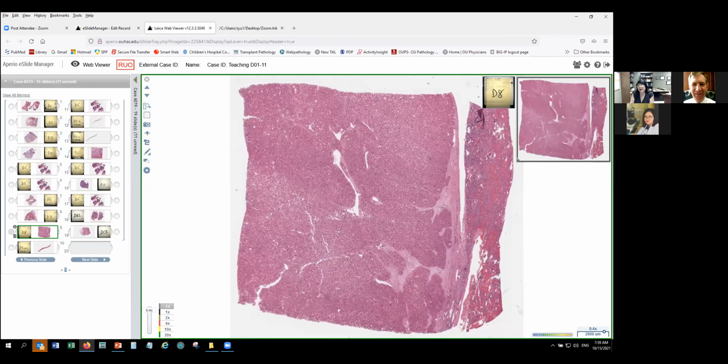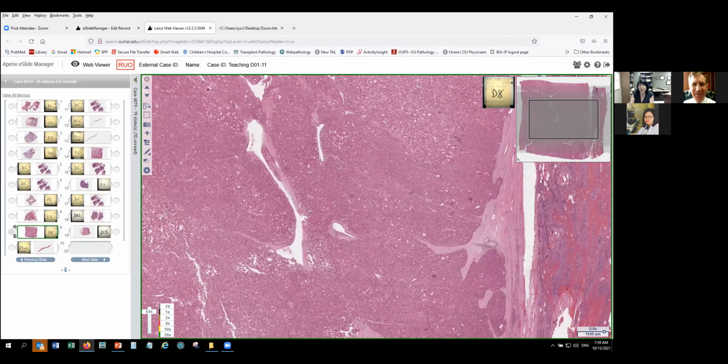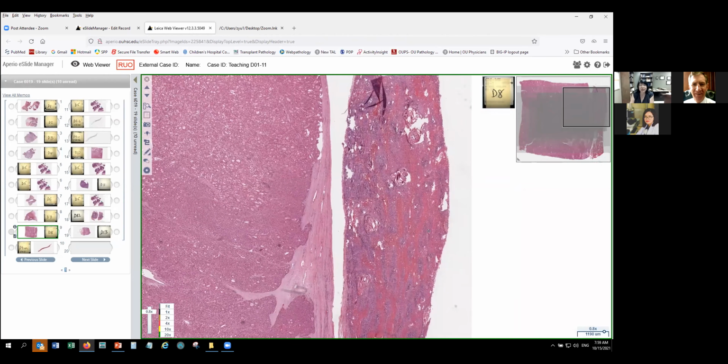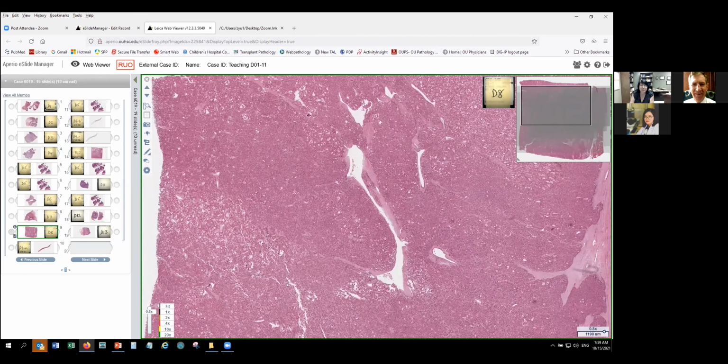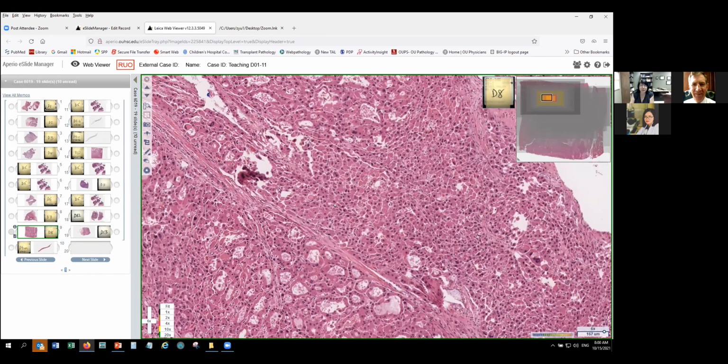This resection was done after chemotherapy; the patient did not respond to chemotherapy, so we did a resection. The morphology is similar to the initial biopsy. There's a little normal liver here, and these are the tumor cells. Just want to show you some features of these tumor cells.